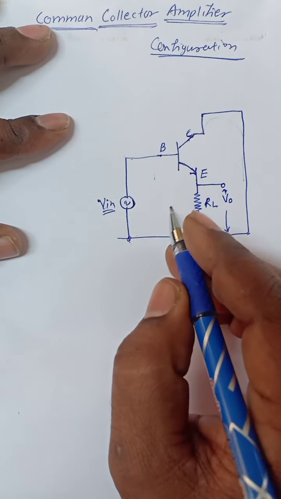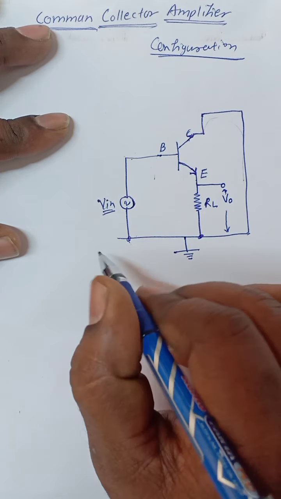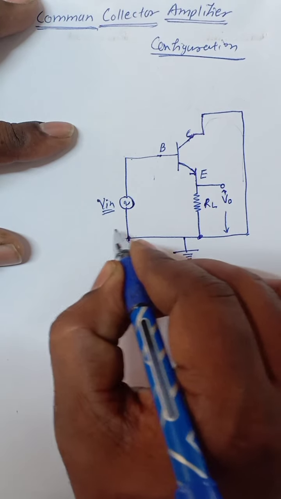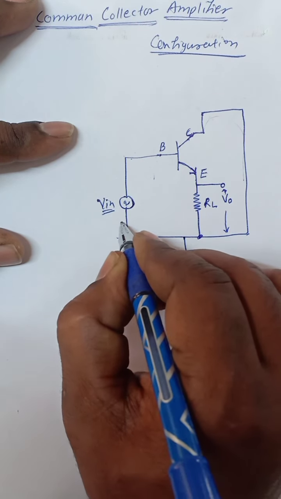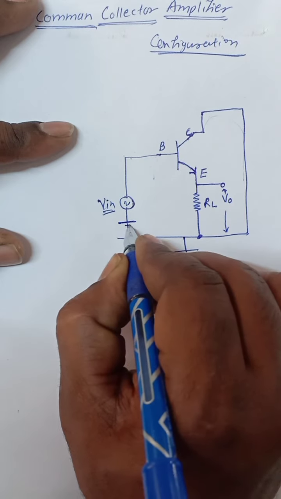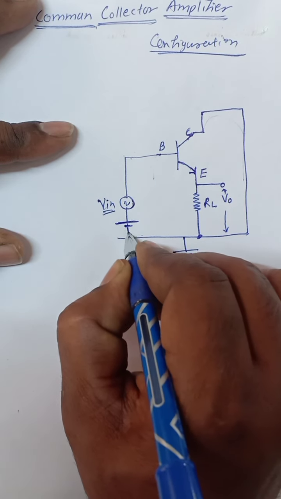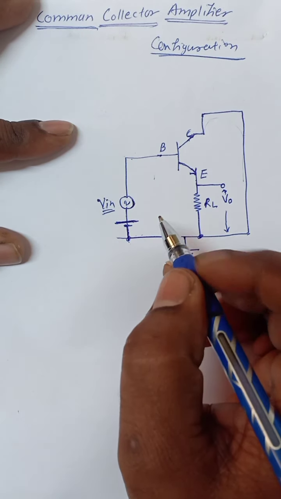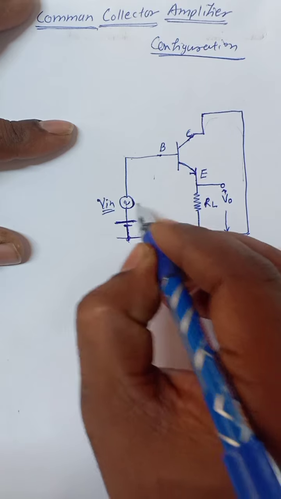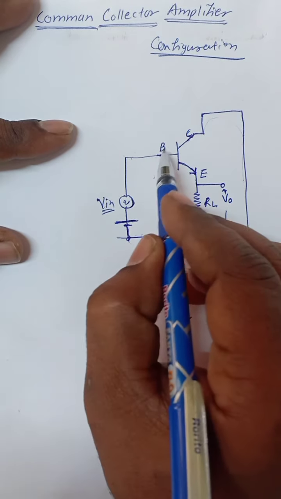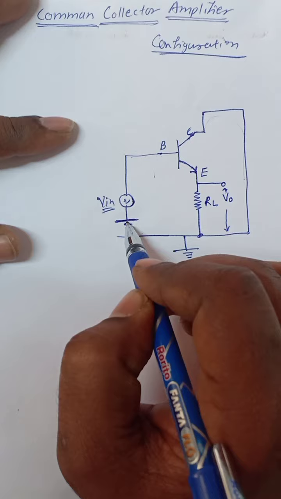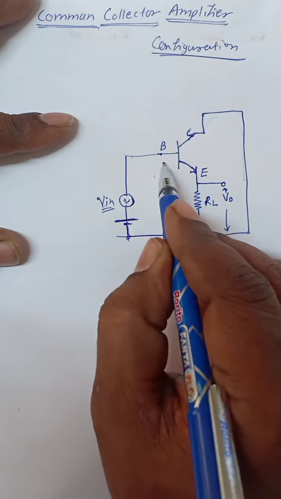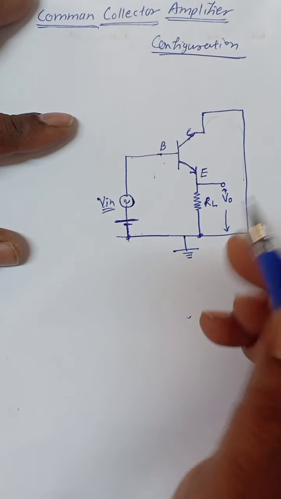For that purpose, we use a small voltage source, which is connected at this point. The positive terminal is connected to the base, since it is NPN, and the negative terminal is connected to the emitter, so that the base to emitter junction becomes forward biased.